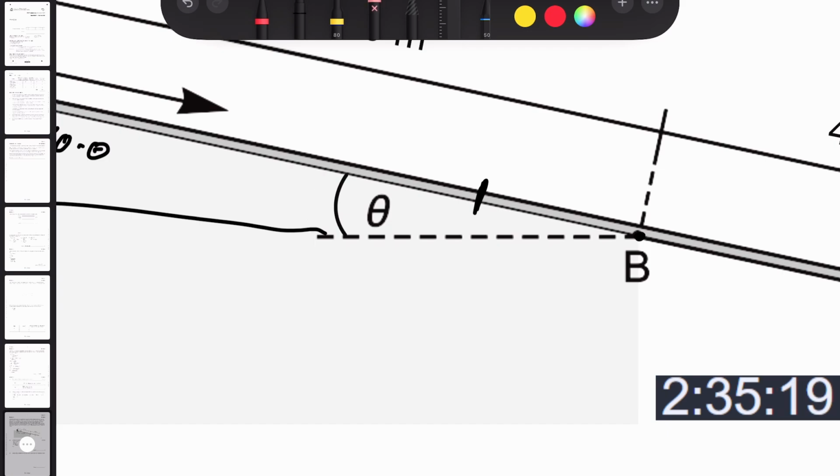How do I do this? Go back like that. I also need something like that.